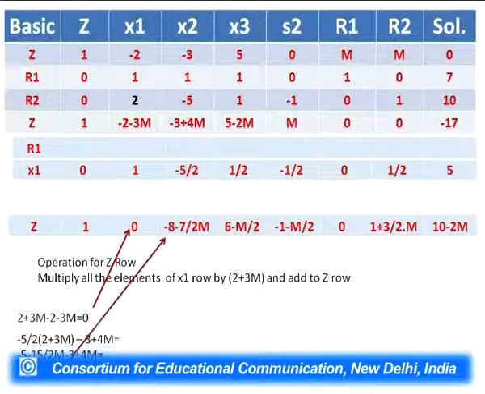So the value under X2 and this coefficient is calculated like this. Again I will repeat, the first 0 has been obtained by 2 plus 3m minus 2 minus 3m equal to 0, and for the second element, the value under the X2 variable is minus 5 by 2 within brackets 2 plus 3m, minus 3 plus 4m, which is equal to minus 5 minus 15 by 2m minus 3 plus 4m, and then finally we get minus 8 minus 7 by 2m, and this has been transferred to the Z row also.